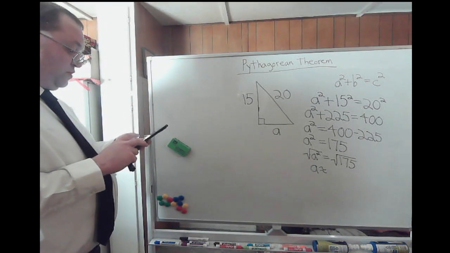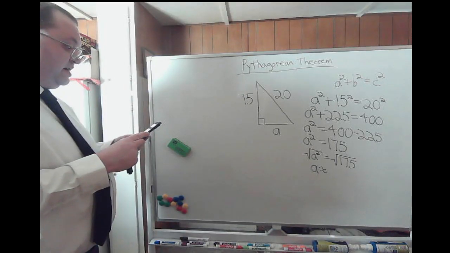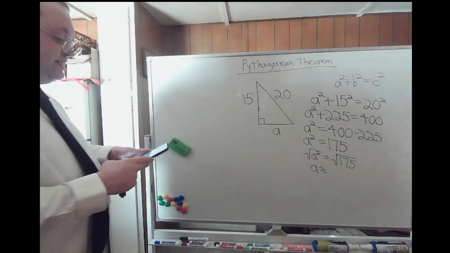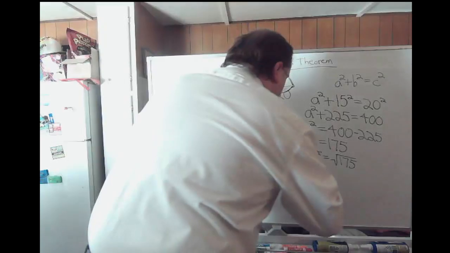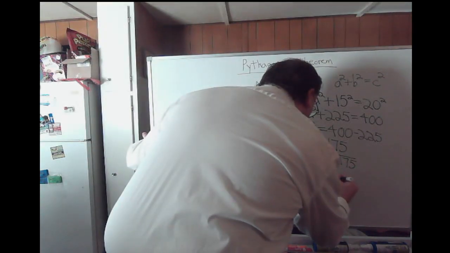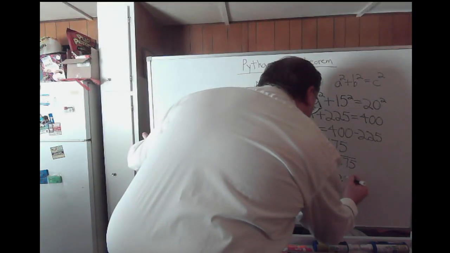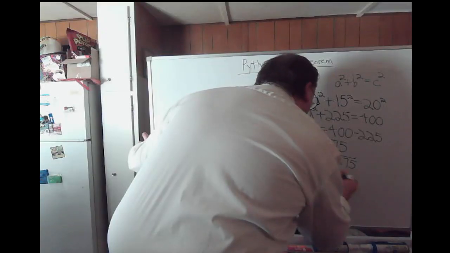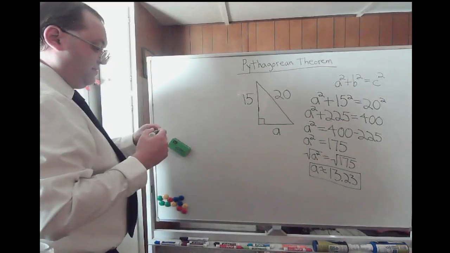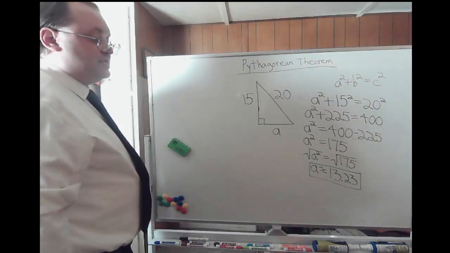So let's see, square root of 175, rounding to 2 decimal places is about 13.23. So a is approximately equal to 13.23. That's the length you would get for a.